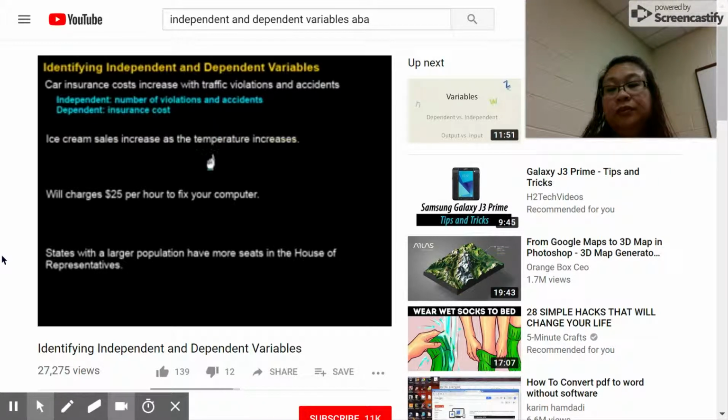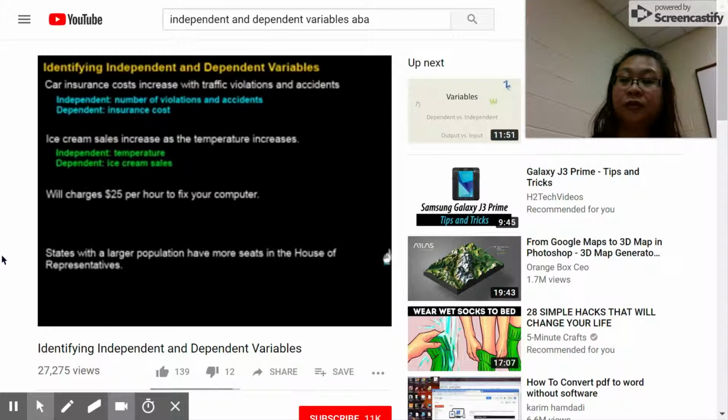Or does the temperature outside control the ice cream sales? Well, it seems to me that when it's warmer, this is kind of what it says, when it's the sales increase when it's warmer, so being warmer He's gonna yawn. is going to be in control, and that is our independent variable. That means the increased sales or the sales must be the dependent variable.